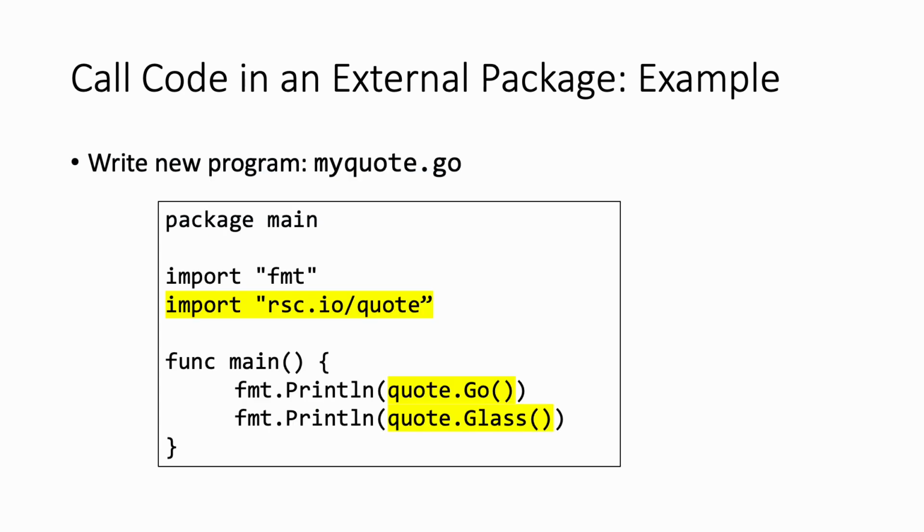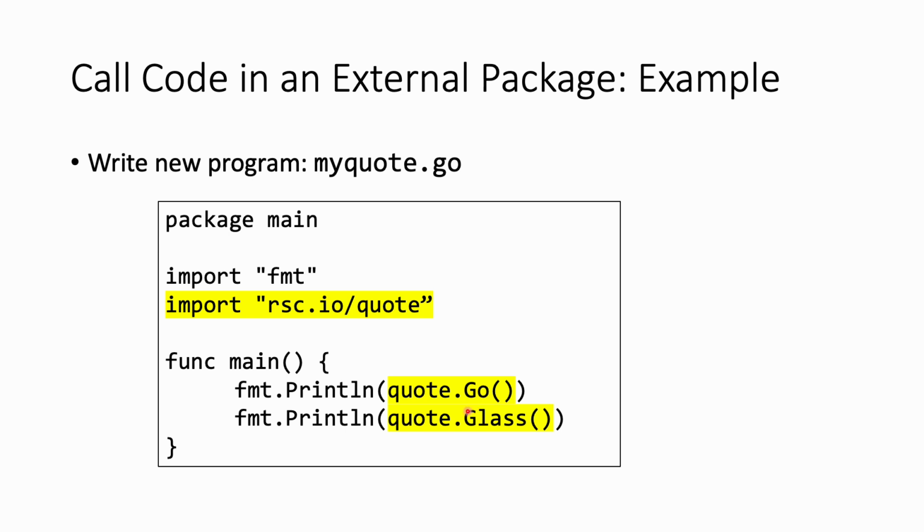Here is our new program, which is saved as mycode.go. In this program, in addition to the standard package fmt, we also import the external package code by placing its path between the double quotes after the keyword import.